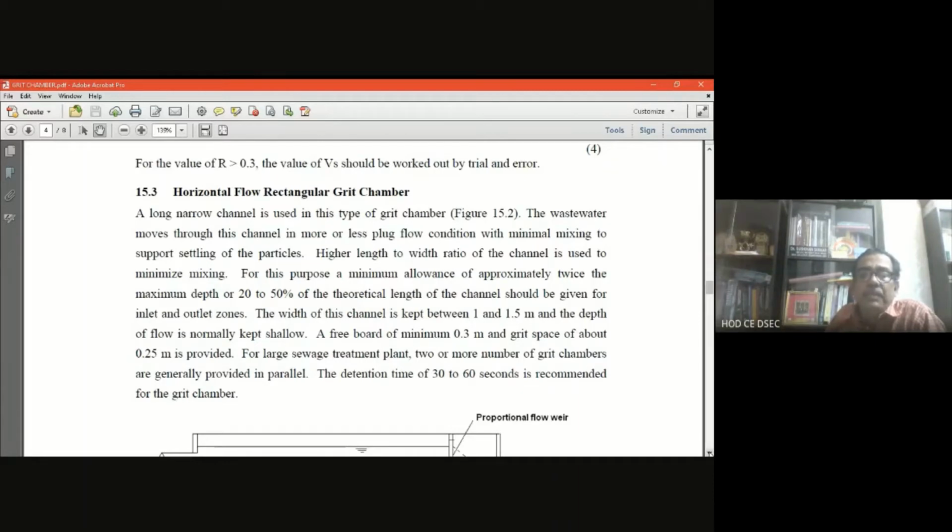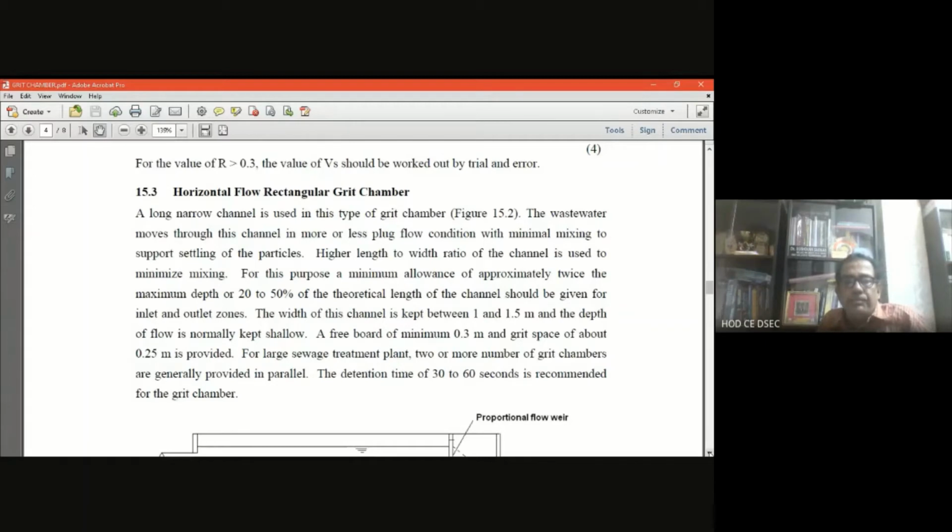For this purpose, a minimum allowance of approximately twice the maximum depth, or 20 to 50% of the theoretical length of the channel, should be given for inlet and outlet. So if we consider the settlement portion as L, then the total length of the channel, including both inlet and outlet, we can roughly increase by 25 to 30%.